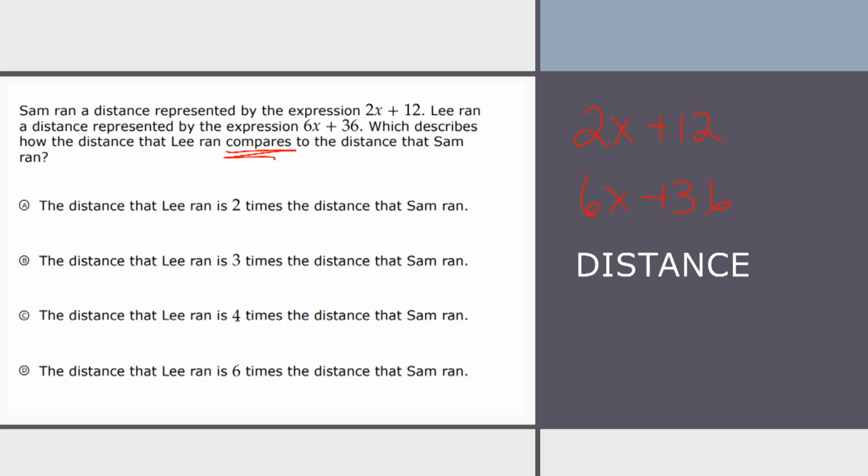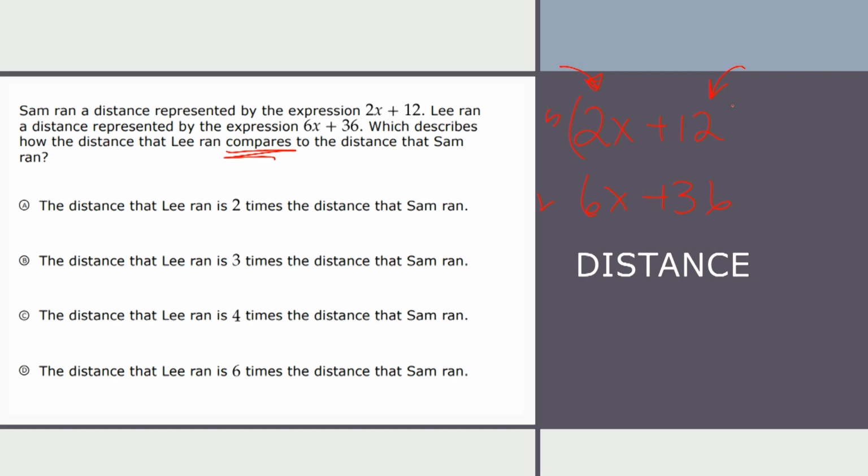When we compare them, what do I notice from Sam to Lee? Well, let's see. The constant goes from 12 for Sam to 36 for Lee, and the term 2x goes to 6x. So what could I do to Sam's distance to get Lee's distance?